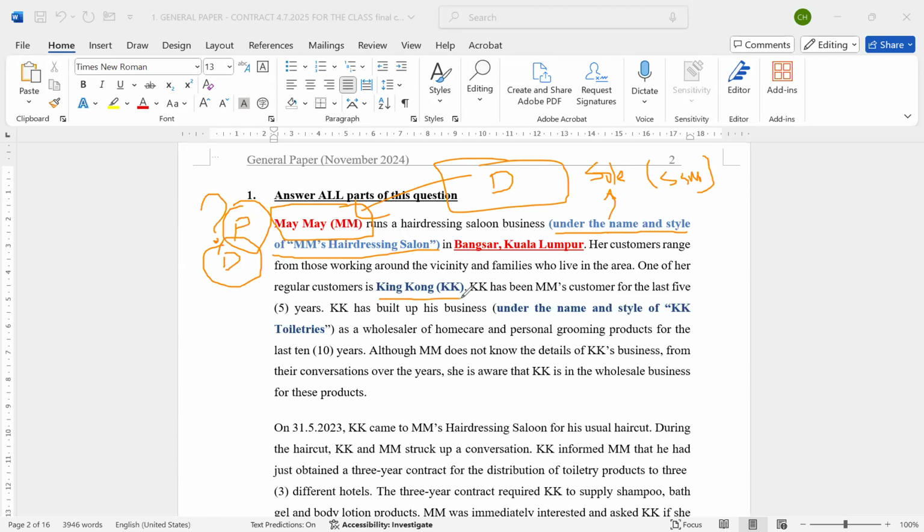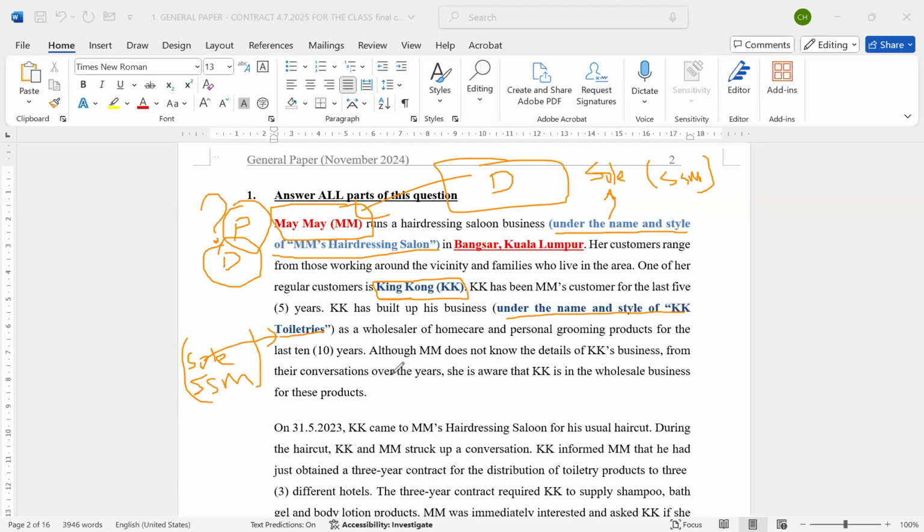Okay, whereas our client, the name is actually called King Kong, and he also is a business owner. You see this part, under the name and style of KK Toiletries. That is to say, he is also a sole proprietor registered under SSM. Okay, very important.